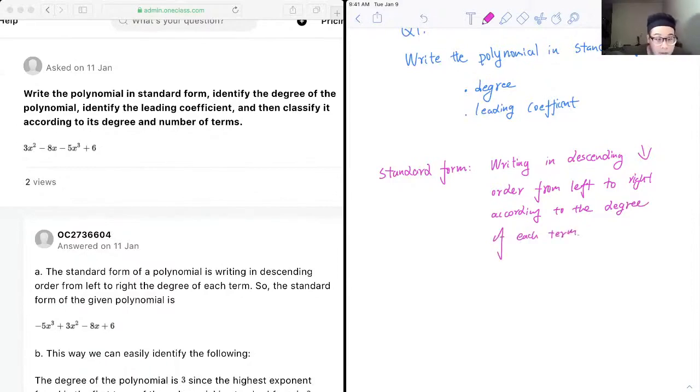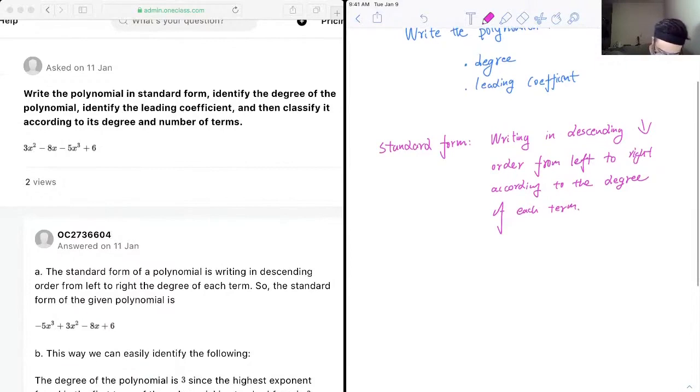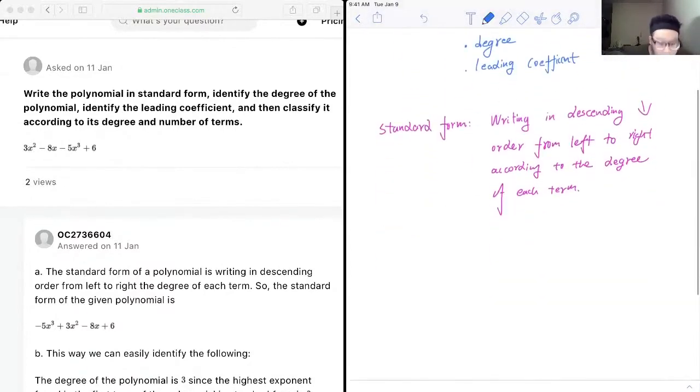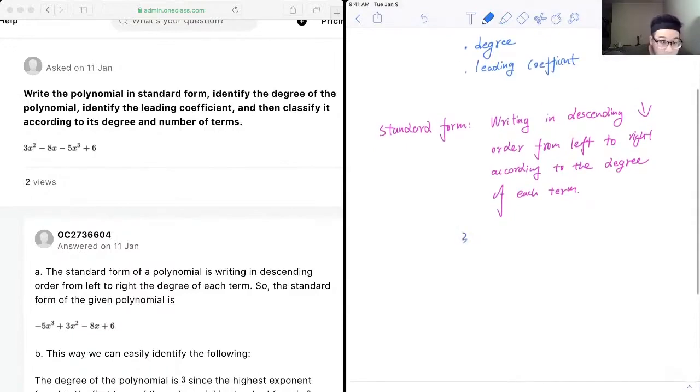Okay, so the standard form of 3x squared minus 8x minus 5x cubed plus 6.